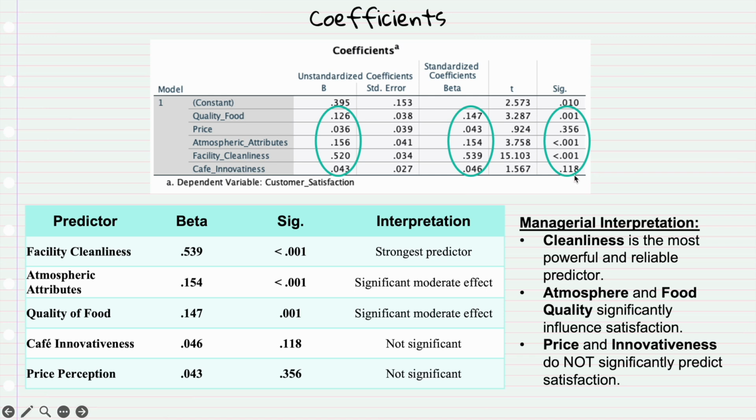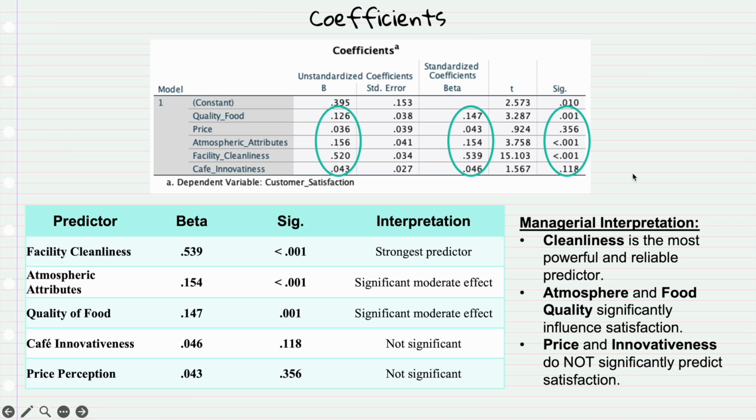This indicates a not significant hypothesis, where we can say that innovation does not meaningfully increase satisfaction. For price perception, we found that the beta is 0.043 and the p-value is also not significant at 0.356. So we can say that price does not drive satisfaction.